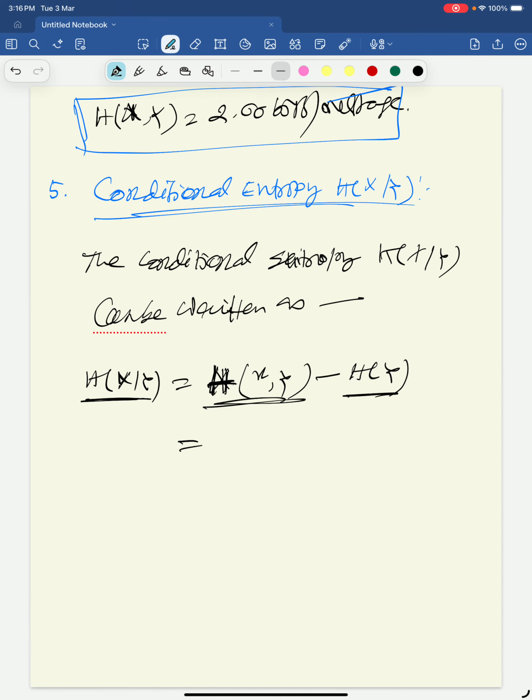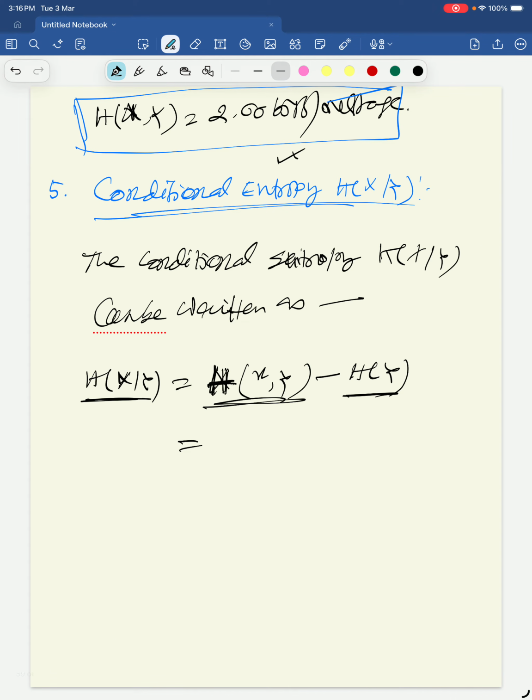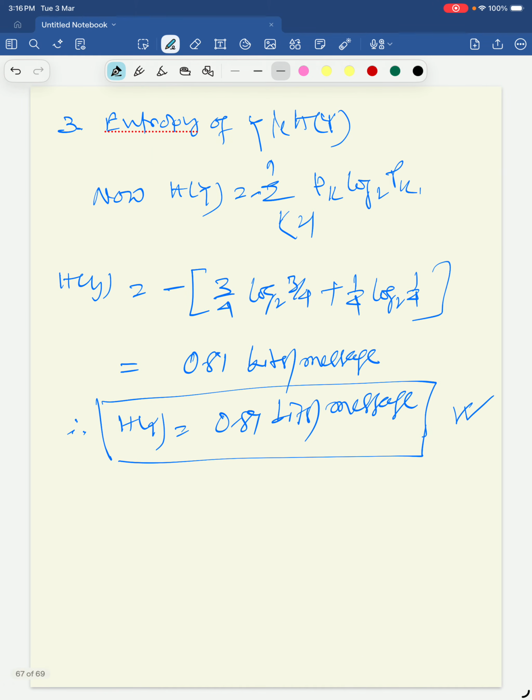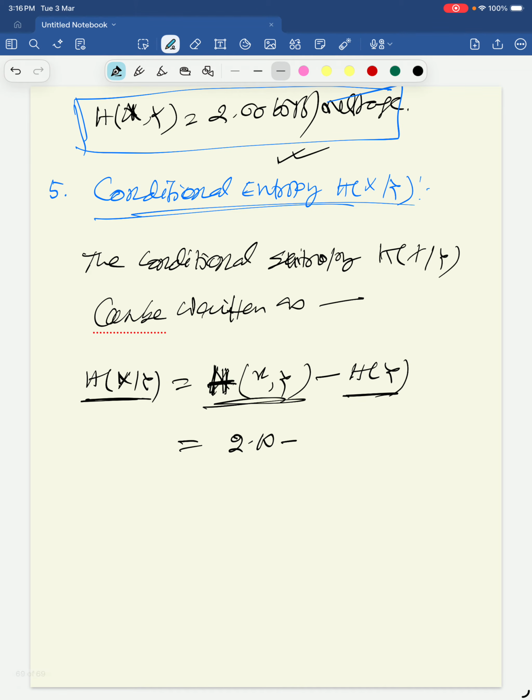So H of X comma Y we got how much? 2.00 minus H of Y. How much we got? H of Y is equal to 0.81.